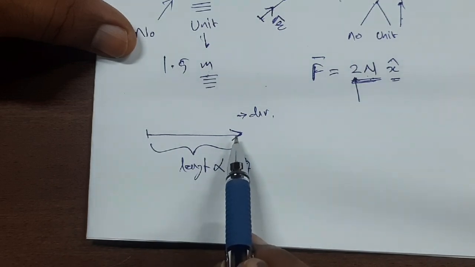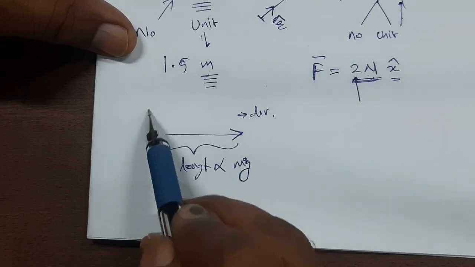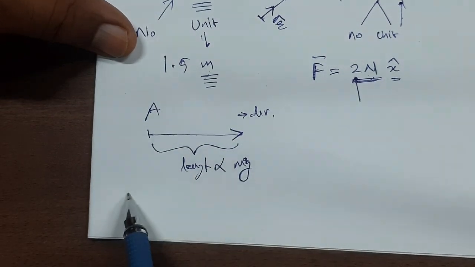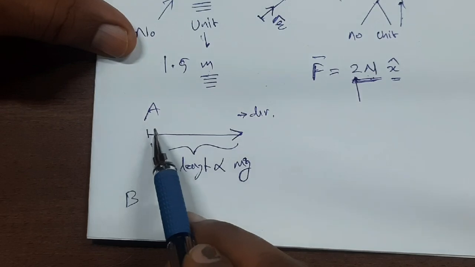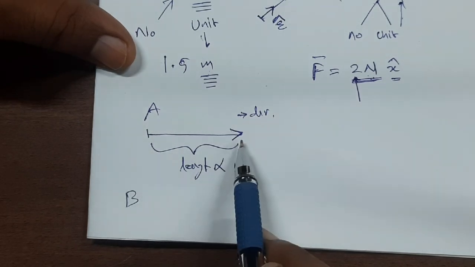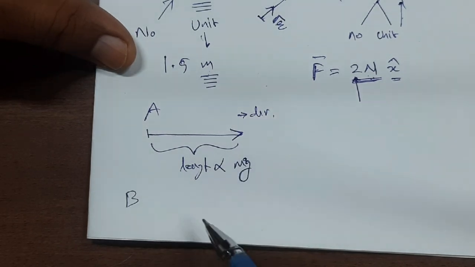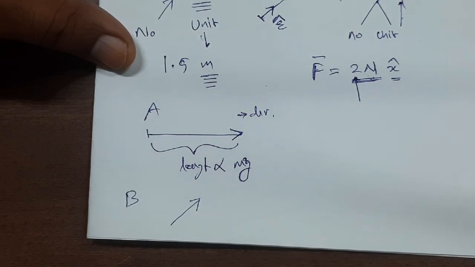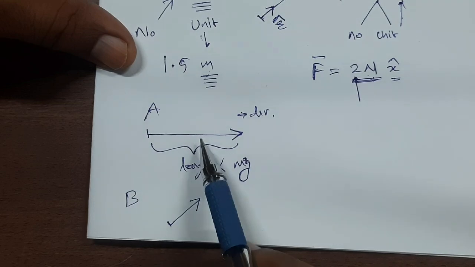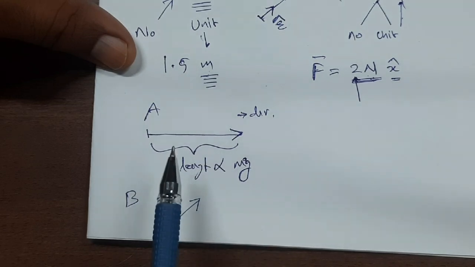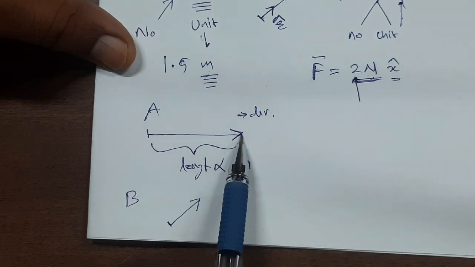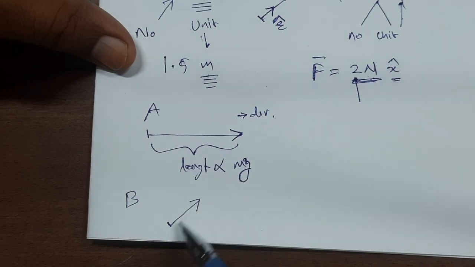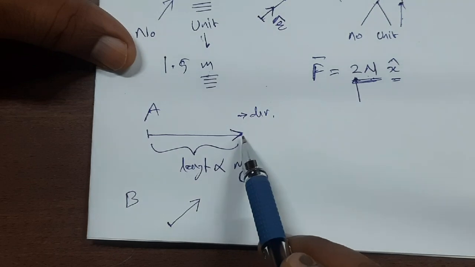Suppose there are 2 runners, this is runner A and this is runner B. Then I can say that runner A is running with this velocity, for example, and runner B is running with this velocity. Then immediately you can identify that the velocity or the speed of runner B is less than the speed of runner A, because the magnitude of velocity of A is more than the magnitude of velocity of B, that is the arrow of B. Similarly, their directions are different.